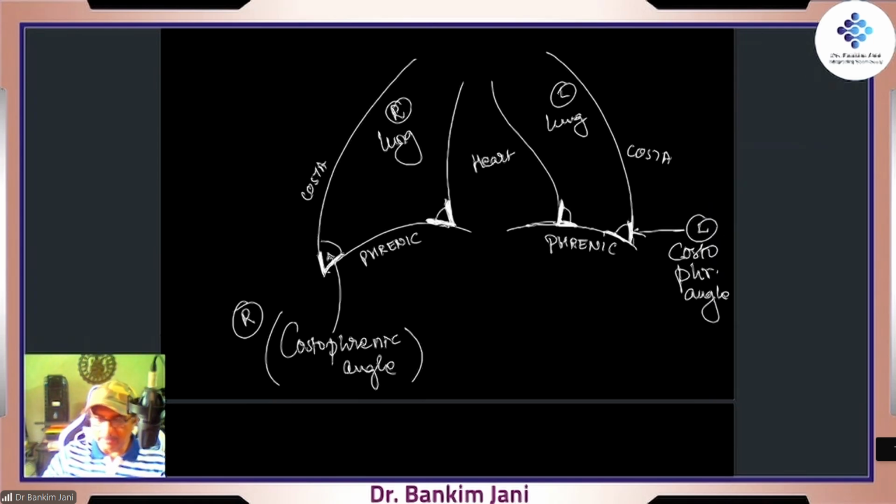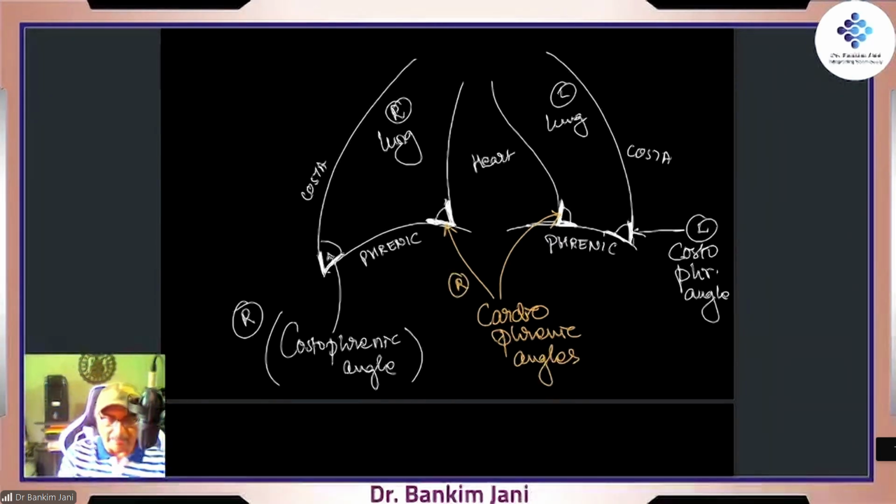That last point: what name should we give to these angles? These are the angles which are formed by the heart and the diaphragm. So they are called the cardiophrenic angles.